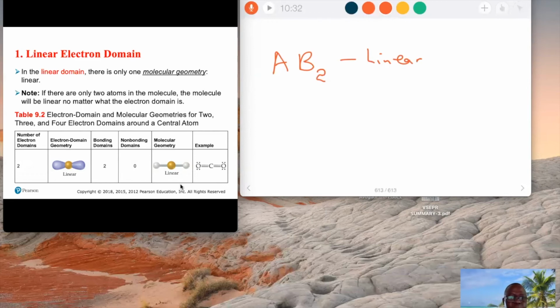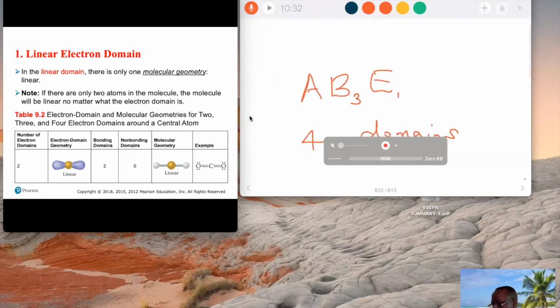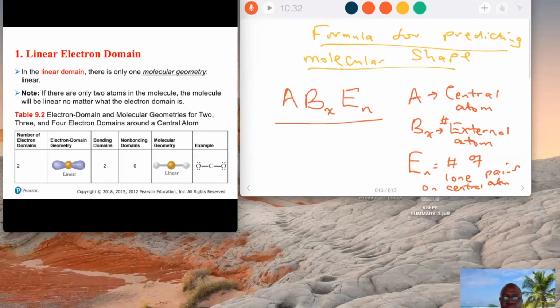I may have a different molecule or polyatomic ion, but the basis of coming to a conclusion as linear or trigonal planar, trigonal bipyramidal, or seesaw or T-shape is based on this. Remember what I explained earlier on, for a linear, it is of this type.